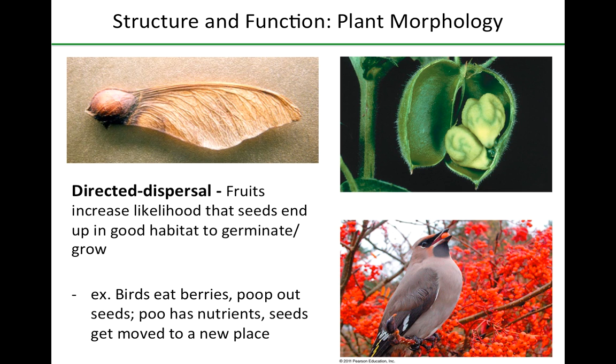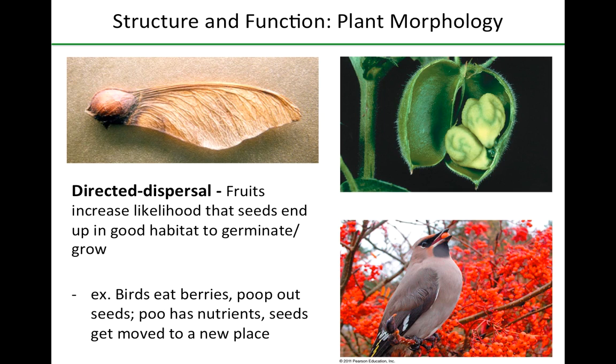Yeah, the main function of fruits is to disperse seeds. One way that this can happen is, this is a maple seed up here at the top. Maple seeds have these appendages that act as kind of wings or almost like helicopter blades.